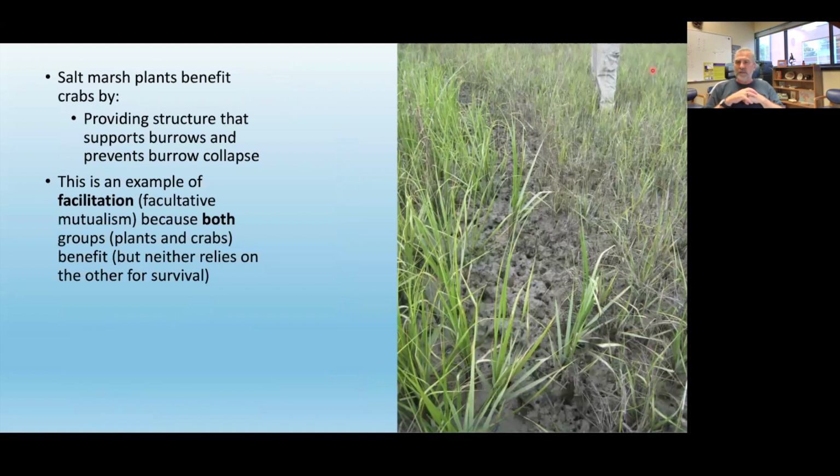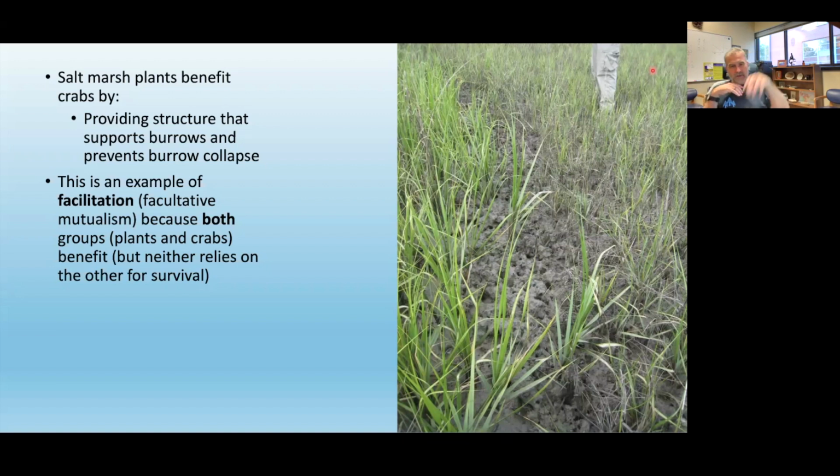These salt marsh plants essentially benefit the crabs because they're providing structure, right? That helps support the burrows, helps prevent them from collapsing. Another thing that they do is they provide a lot of the detrital material that the crabs can then break down, which then re-releases those nutrients into the soils, which benefits the plants, right?